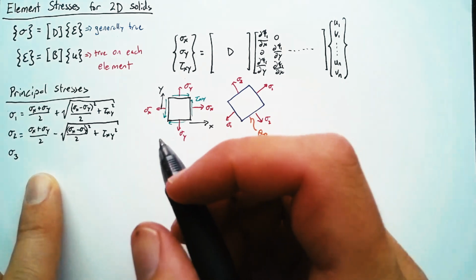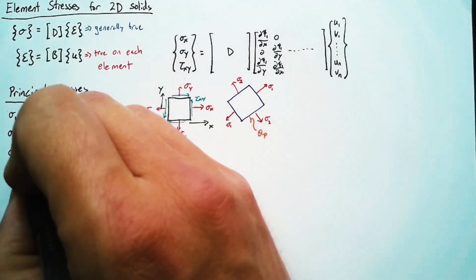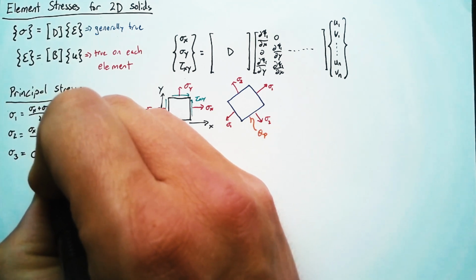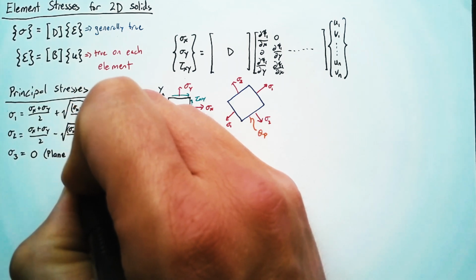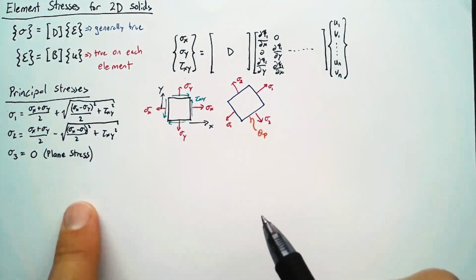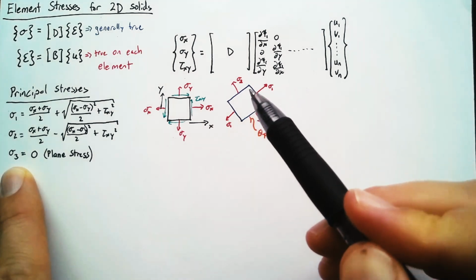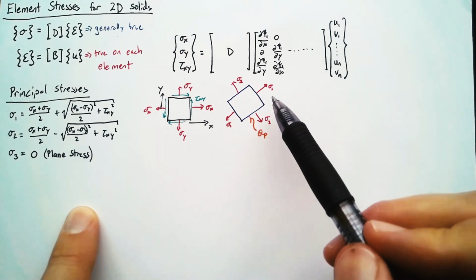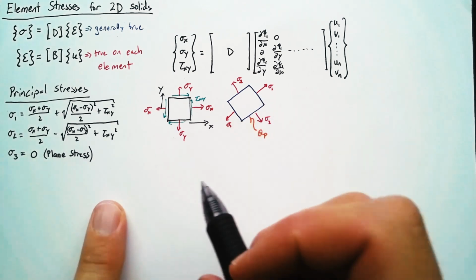And then sigma 3 could be one of two things. If we're looking at plane stress, then it's just going to be identically zero, because that's what plane stress means, is that there's no stress in a third direction. And when I'm talking about sigma 3 here, I'm actually talking about the stress in and out of the page. And so with plane stress, we just don't have any sigma in the z direction.